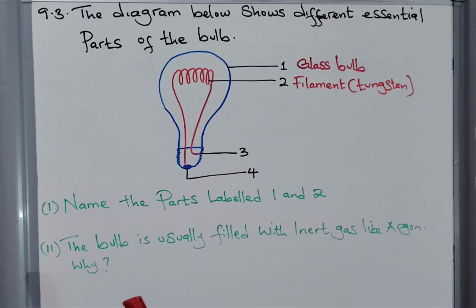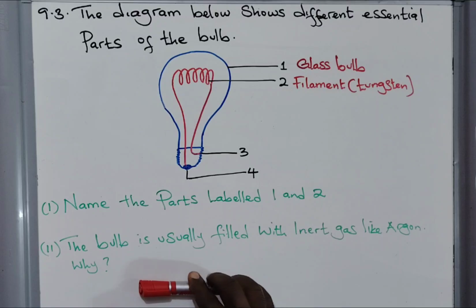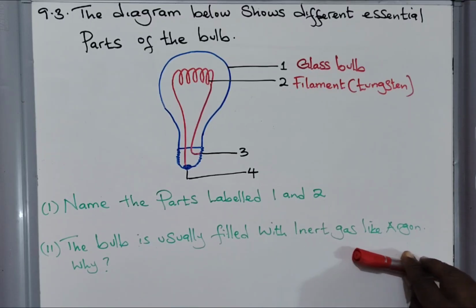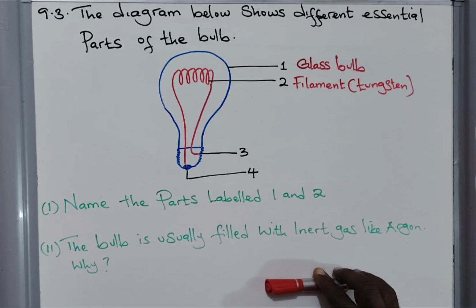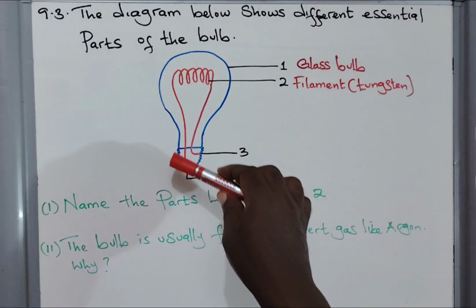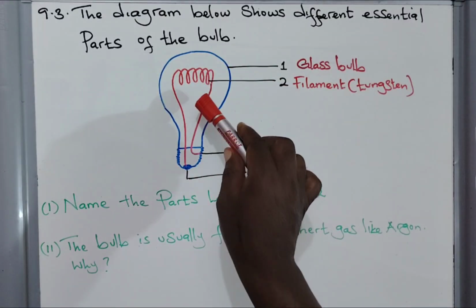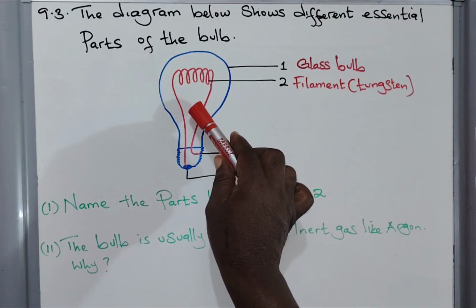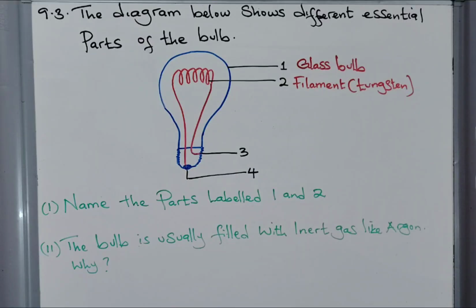Then comes this one. It says the bulb is usually filled with an inert gas like argon. Why? Inside this enclosure, they normally fill in argon or any other suitable inert gas.